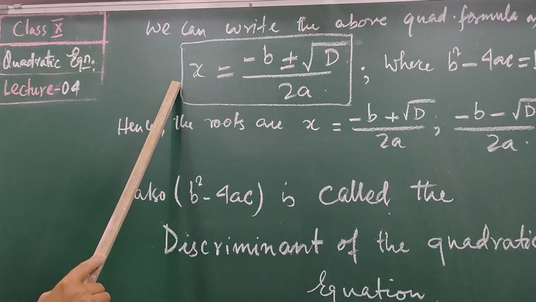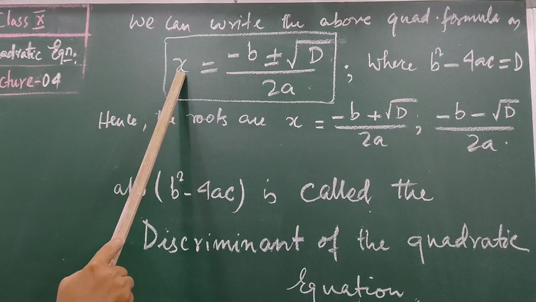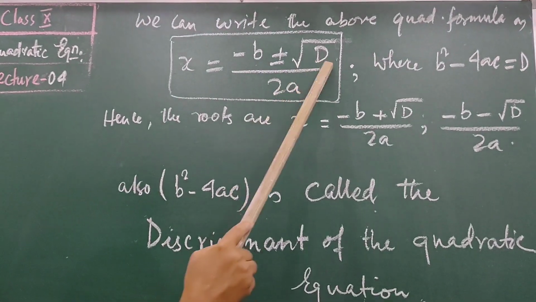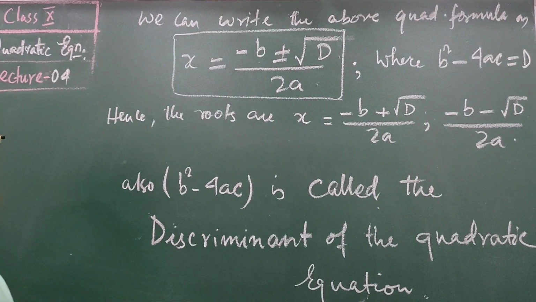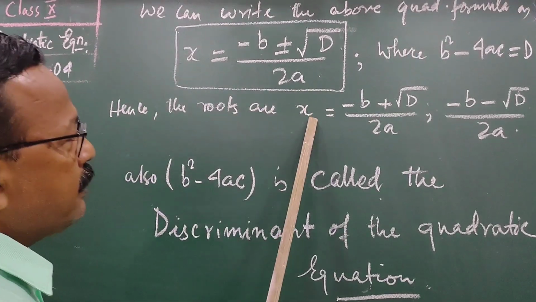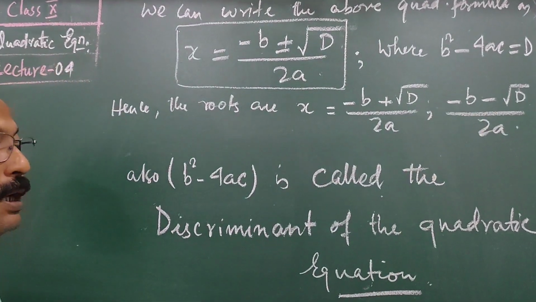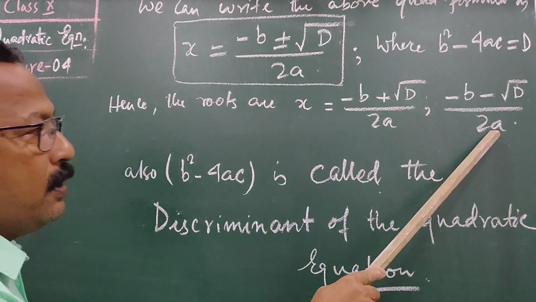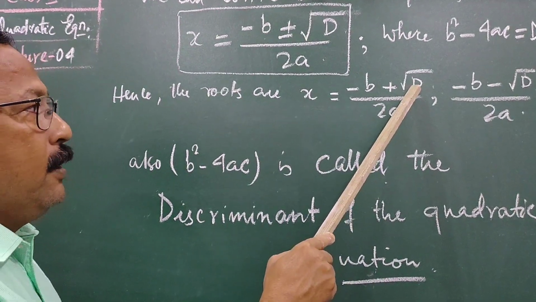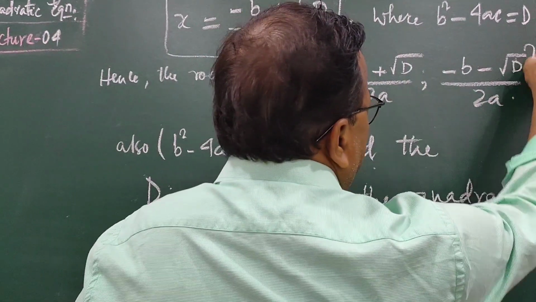We can also write the formula as x equals to minus b plus minus under root d by 2a, where we have considered b square minus 4ac equals d, and the roots will be x equals to minus b plus root d by 2a or minus b minus root d by 2a. These two are the roots of the quadratic equation.